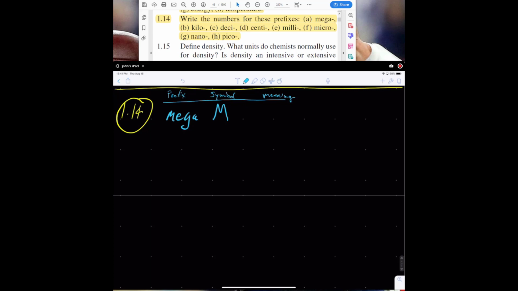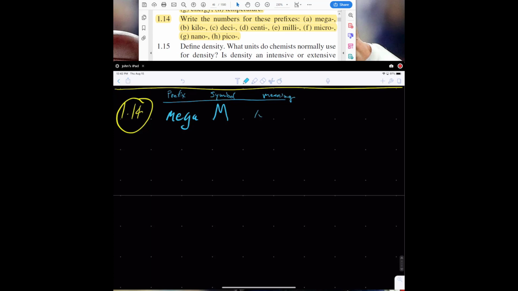So what's mega? We can think of mega as 1 million, or the answer that they want us to give is in scientific notation, which would be 1 times 10 to the 6th power. But in this case, we can forget about the 1 times 10, or we can forget about the 1.